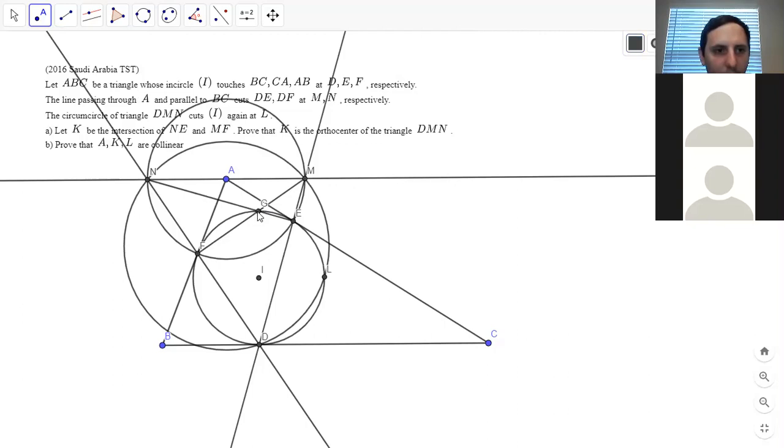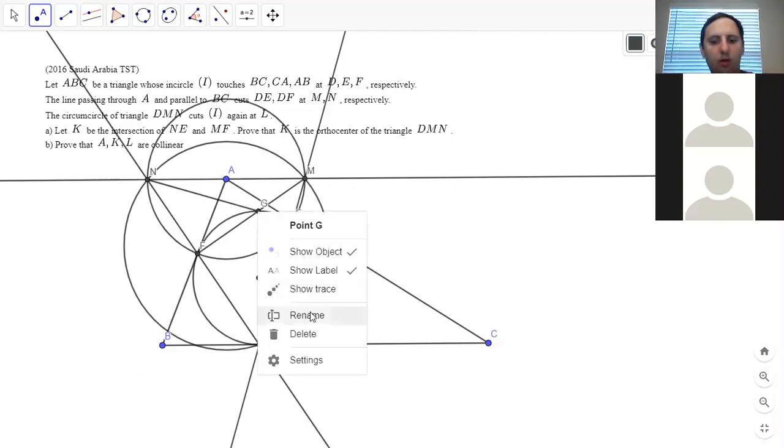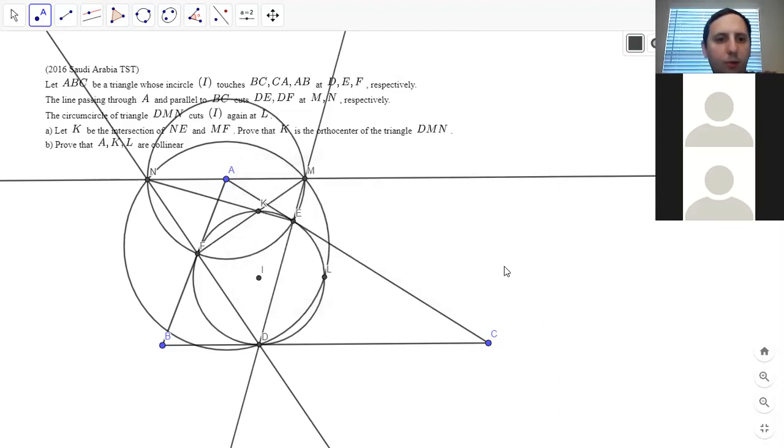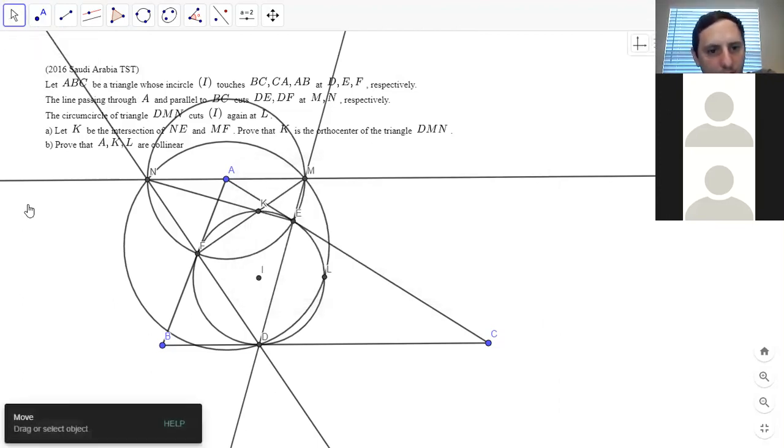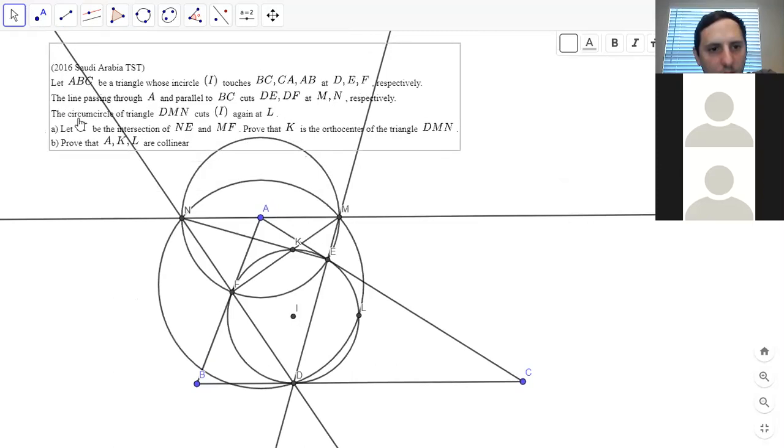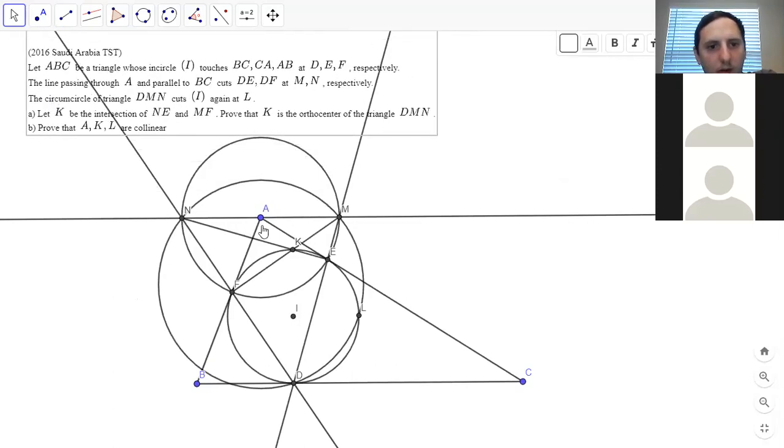The part A we already proved. What was it in a previous session? No, literally, after proving that A is the center of that circle, we can see that K is the orthocenter. Oh yeah. So K is the orthocenter, and so it's trivial.